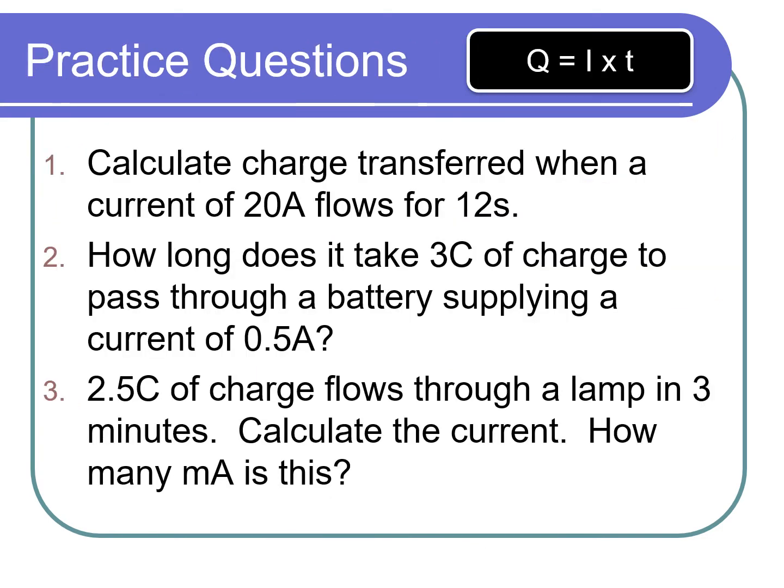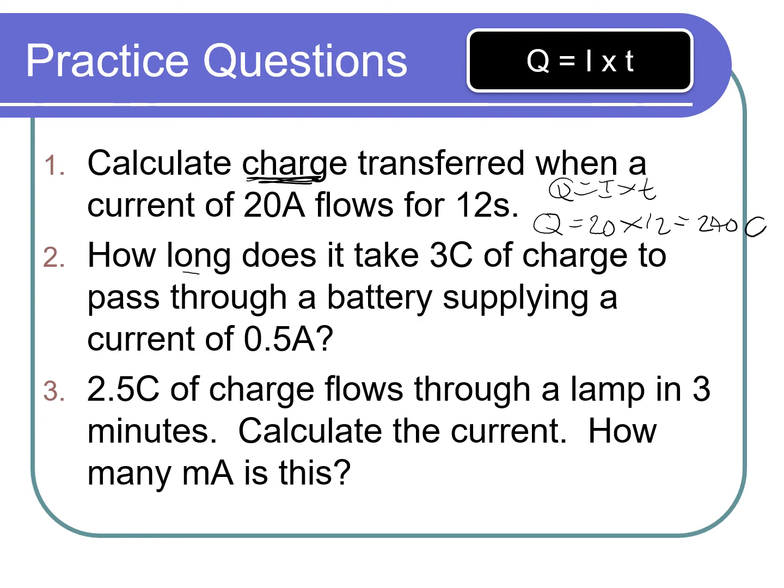Have a look at these examples here. Calculate the charge. We're going to use Q equals I times T. Q is charge, so Q equals the current, 20, times 12, which is 240 coulombs. Question 2.